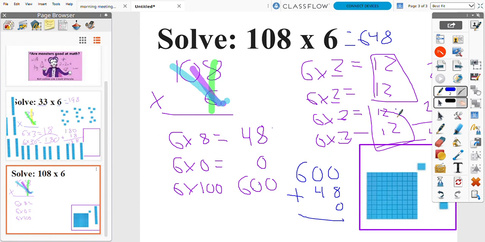Even your counting, times 10s, your times 5 and your times 2s for your double facts will go a long way to help you add up these partial products. And be careful not to mix this up as 6 times 1. It's 6 times 100. Understand these place value concepts just like we did when we were looking at addition and subtraction.